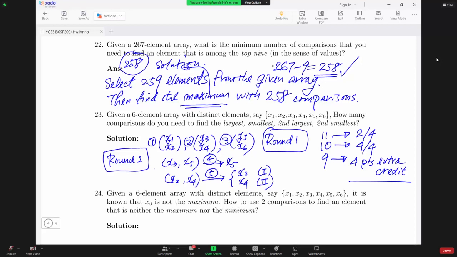That's 11, which earns 2 points. If we can do a little better, 1 more gets 4 points, 2 more gets 8 points. That's the hardest, because it's very hard, so I give you 4 extra credit points. That's it. I'll do it next time.